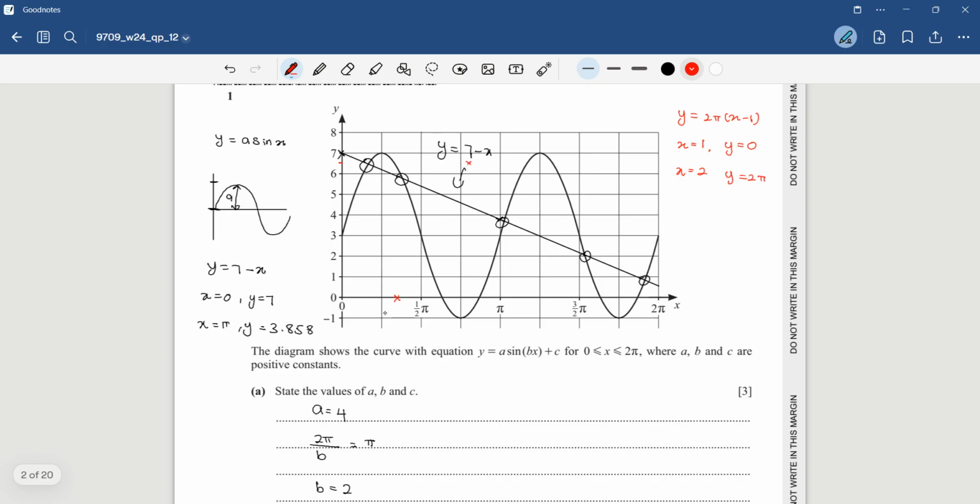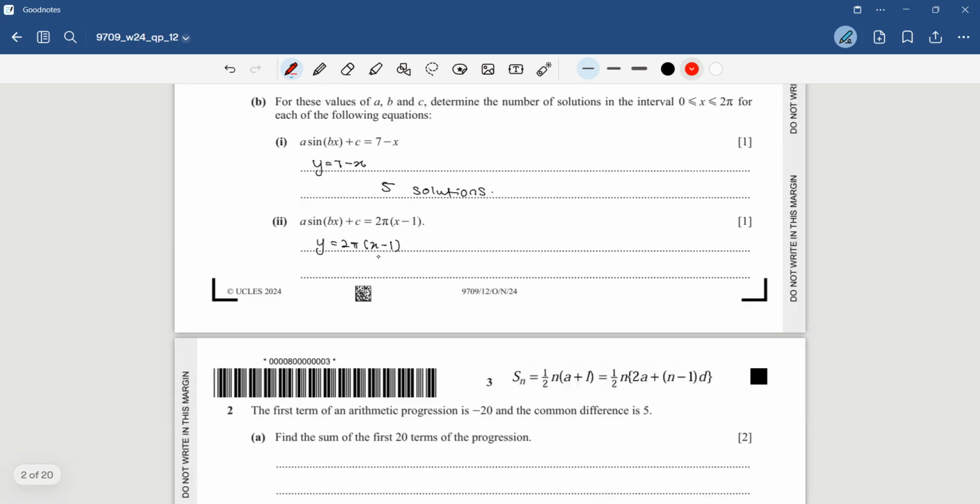So we just randomly draw, just draw a straight line. So there is only one intersection. Therefore, there will be only one solution.